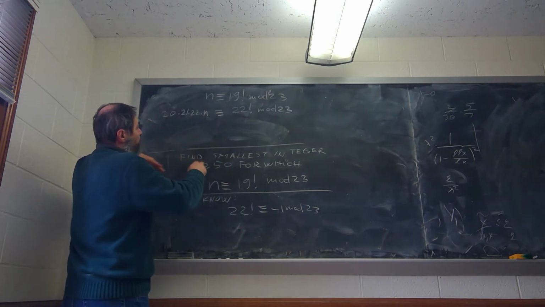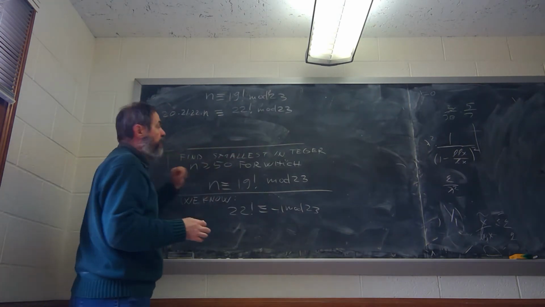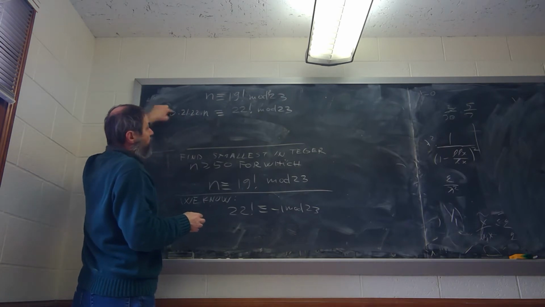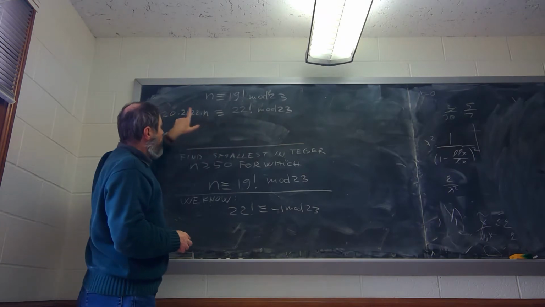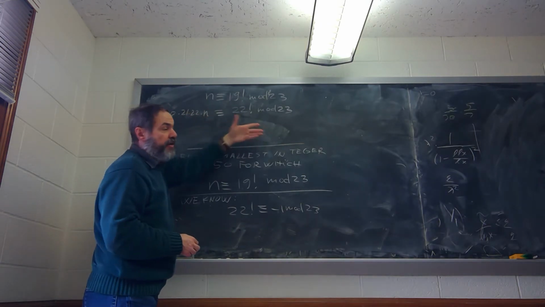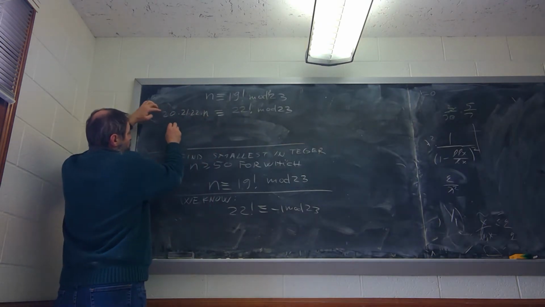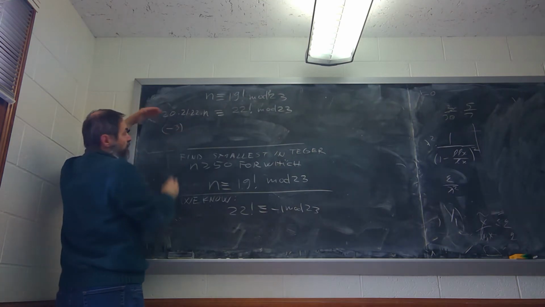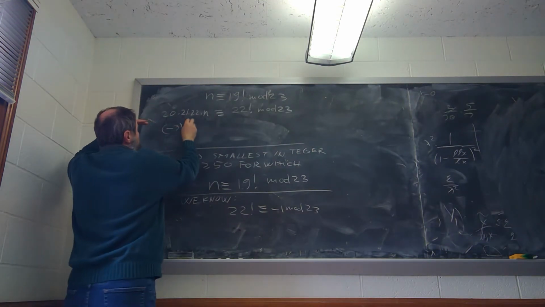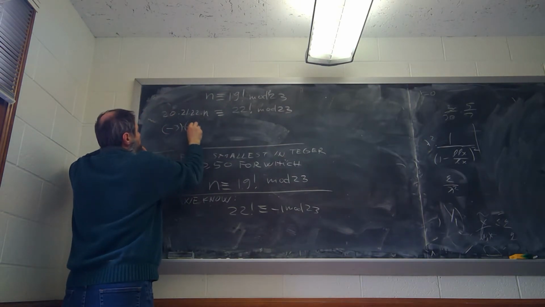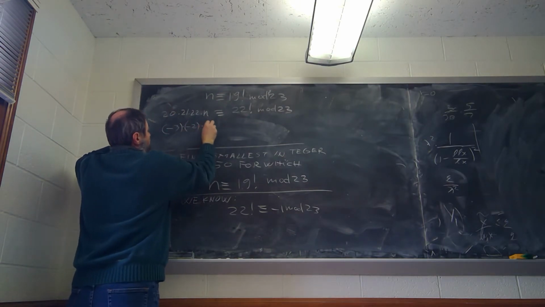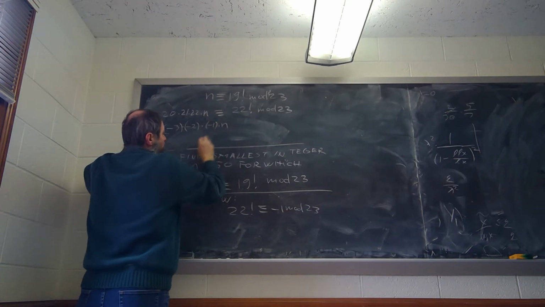So at the same time, to make this quick, 20 is congruent to negative 3, 21 is congruent to negative 2, and 22 is congruent to negative 1. So we get minus 3, that's 20, or minus 3 is congruent to 20, times minus 2 times minus 1 times n.